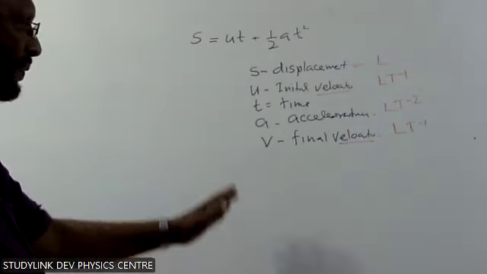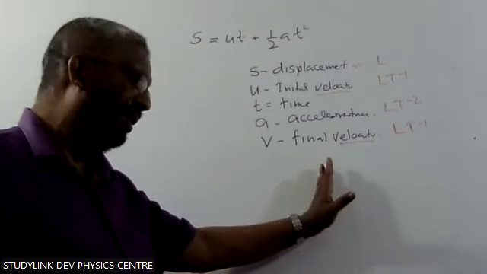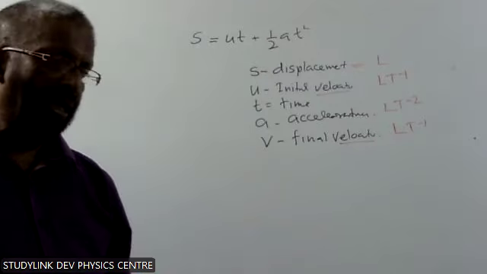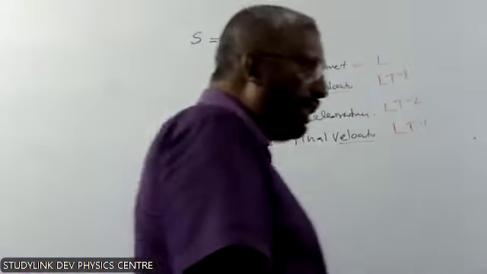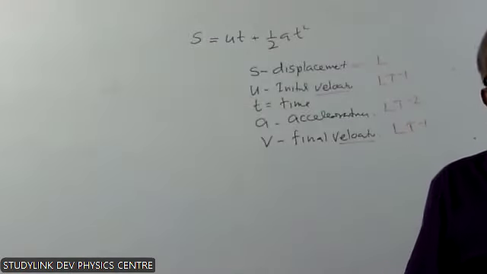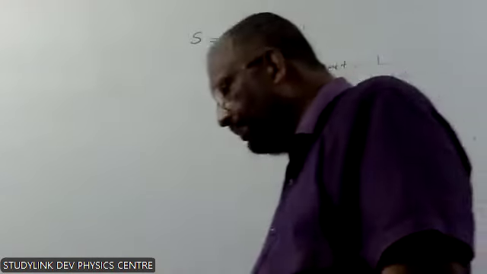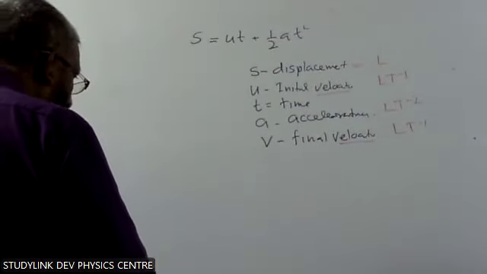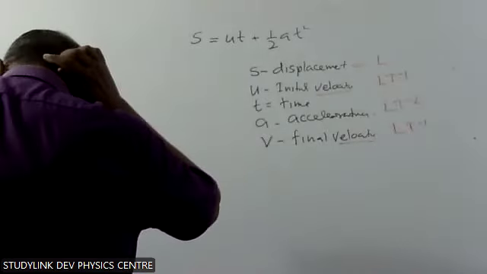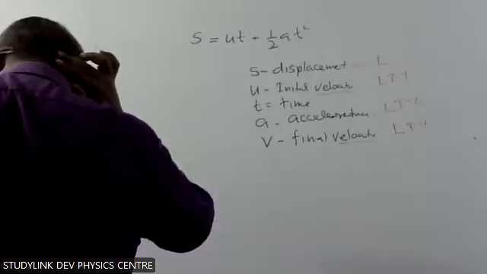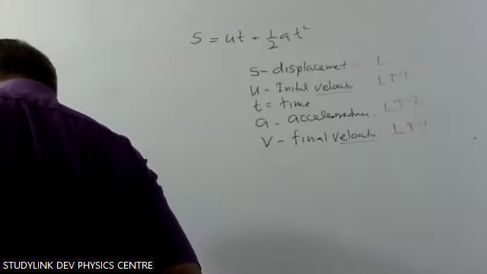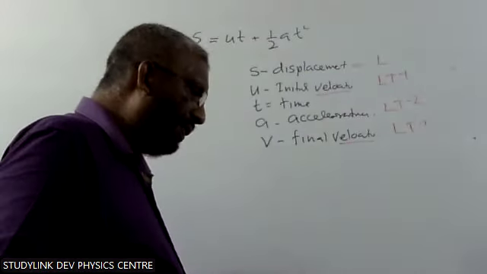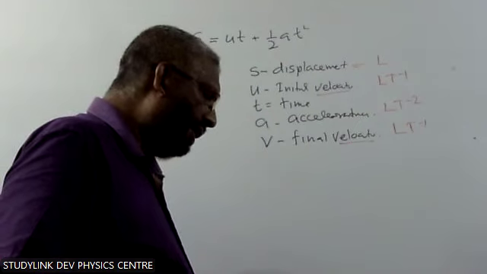Now the dimension of subtraction is the same. The dimension of addition of the same physical quantity is the same. Then write: the dimension of addition of the same physical quantity has the same dimension. Then write the difference: the dimension of the difference of two same physical quantities is the same.